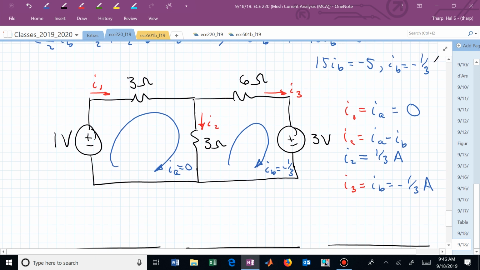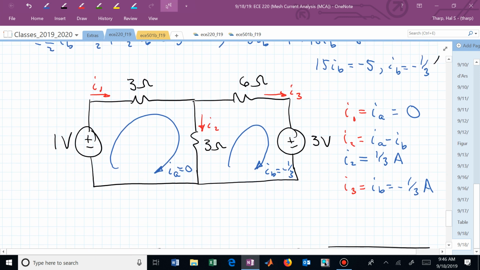So can we do any kind of checking? Could we say, what is this voltage here? Did I convince you what that should be? What's the voltage dropped across our horizontal 3 ohm resistor? The horizontal 3 ohm is Ohm's law, 3 I sub 1. 0.